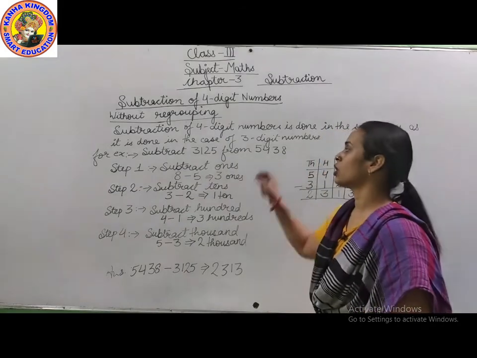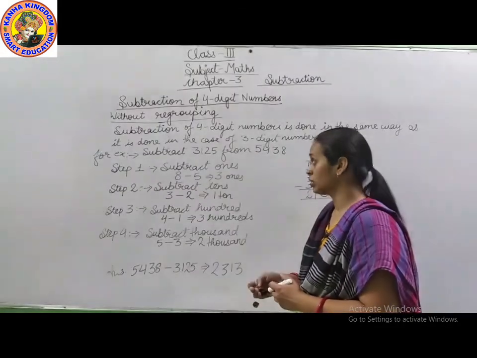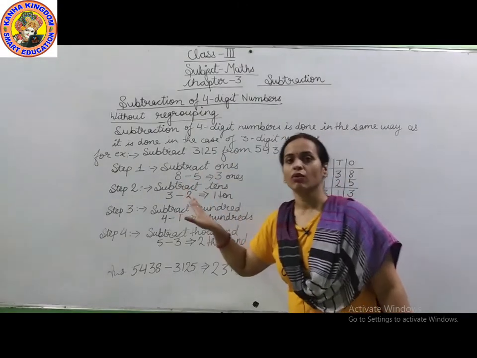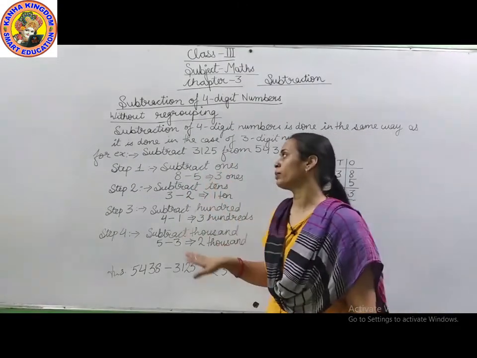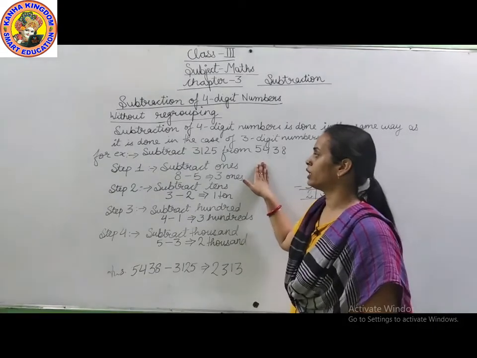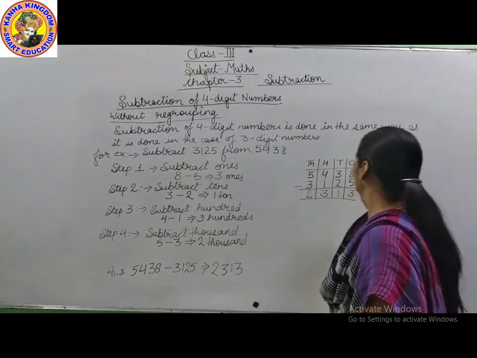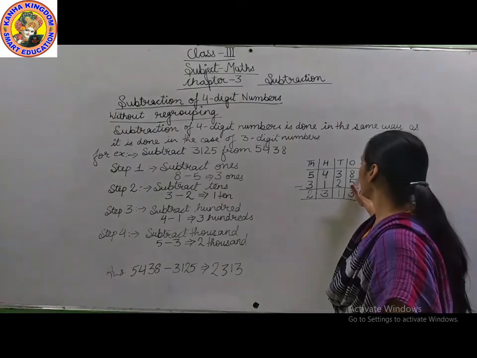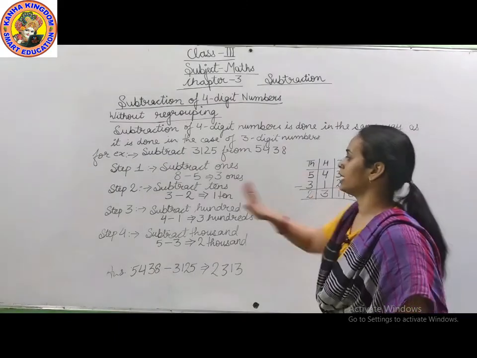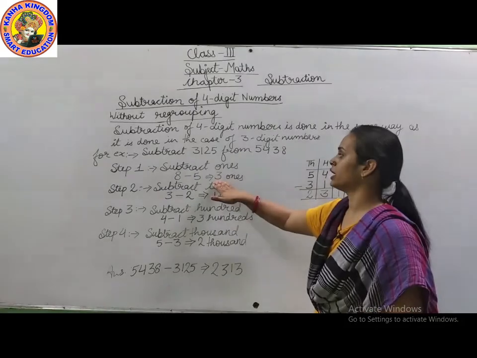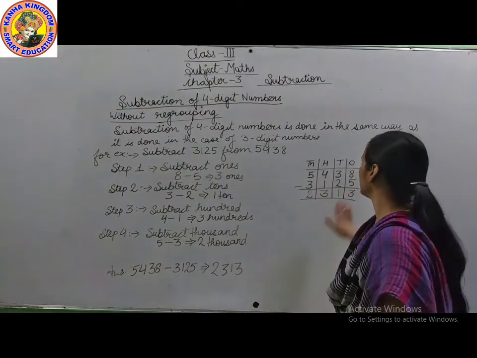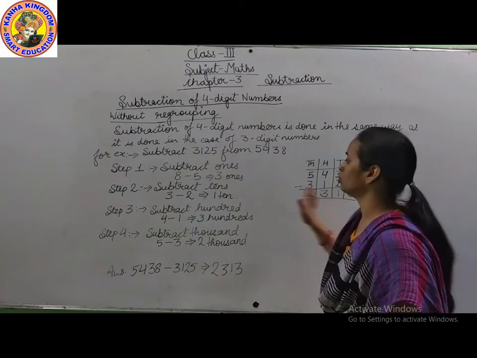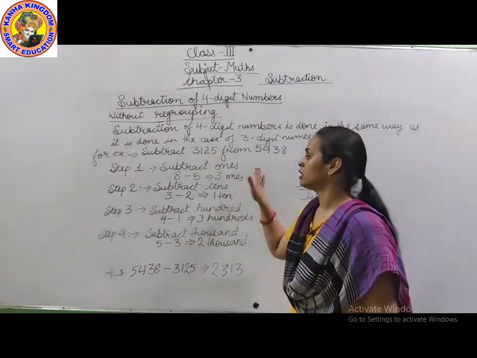Okay, so this is your 4-digit number subtraction without regrouping. In without regrouping, first step, subtract ones, means 8 minus 5. 8 minus 5 equals 3 ones. 3 tens minus 2 tens equals 1 ten.